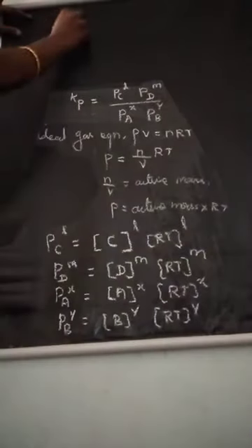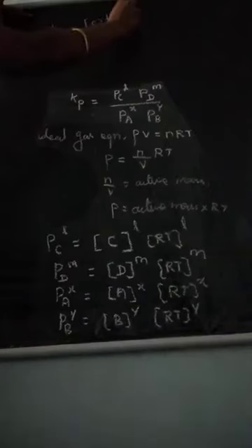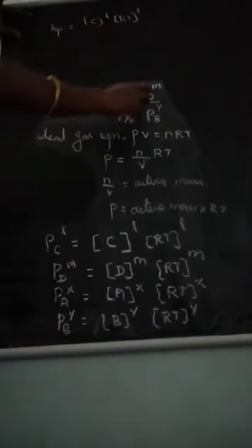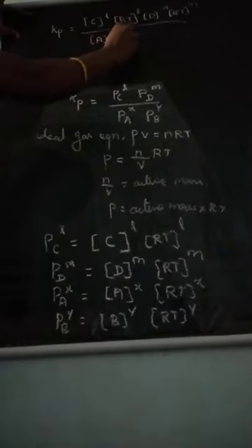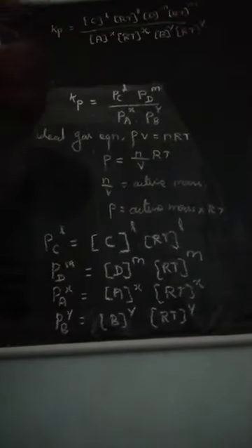Kp is equal to PC power L, which is concentration of C power L into RT power L, into PD power M, which is concentration of D power M into RT power M, divided by PA power X, which is concentration of A power X into RT power X, into PB power Y, which is concentration of B power Y into RT power Y.